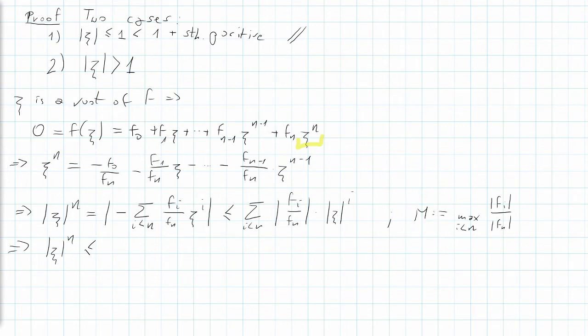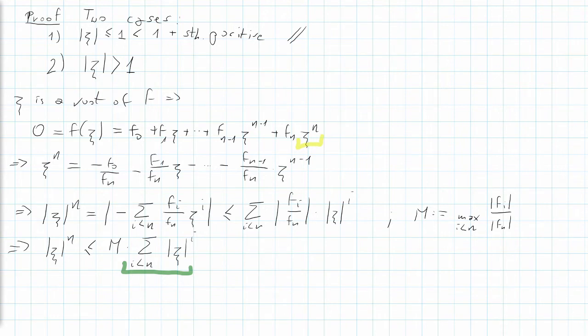So the nth power of the absolute value of psi does not exceed m times the sum for i strictly less than n of the ith power of the absolute value of psi. But now if I look here, this is a sum of a geometric series, a finite geometric series, so we can actually explicitly write the formula for this sum.